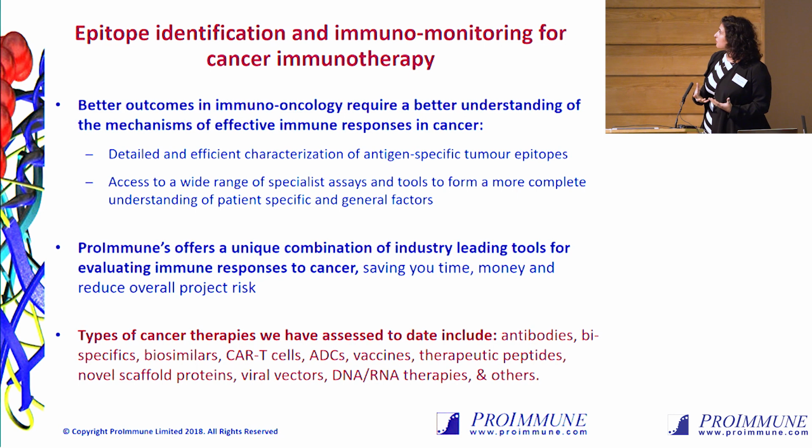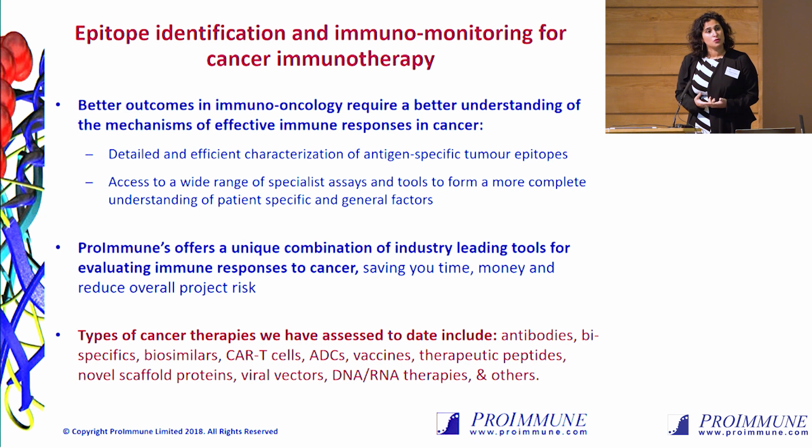Now, at ProImmune, we have a broad experience, and we've been around for a few years now, looking at specific immune responses, whether it's through Tetramer tools or Pentamer tools, so all the multimer category, but we've also developed some crucial mass-spec-based technology to identify a lot of those epitopes, and I'll be detailing some of those technologies.